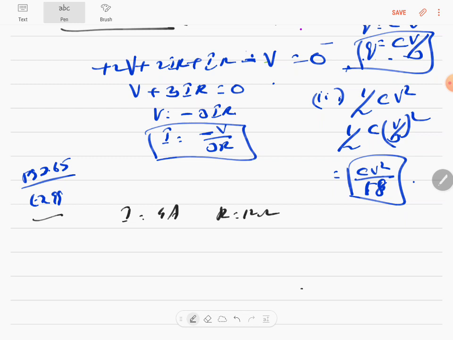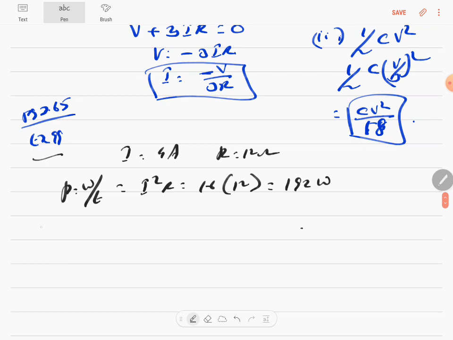What is the rate at which heat energy is produced in the resistor? You know rate of heat energy means power, because energy by time, or work by time, is power. And power's formula is I square R. I is 4, so 16 into R, which is 12. So you get a very simple 192 watts as the answer. Simple sums for 1 mark questions.